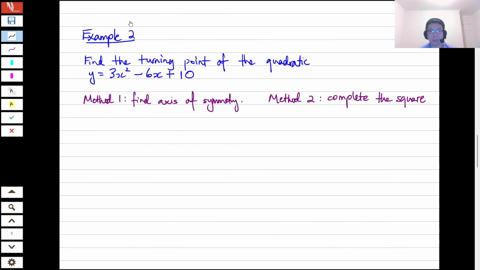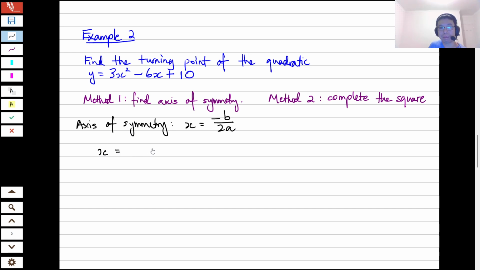All right, another example. This one I have purposely set up so that you can't factorize it. So we only have two approaches this time, -b on 2a or completing the square. This time I'm going to demonstrate the -b on 2a method.